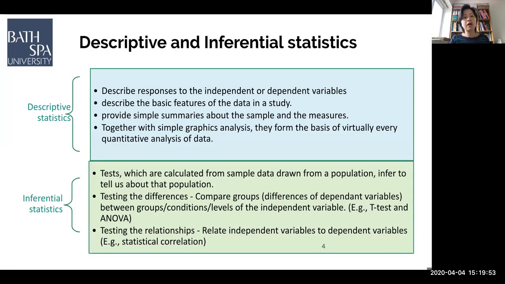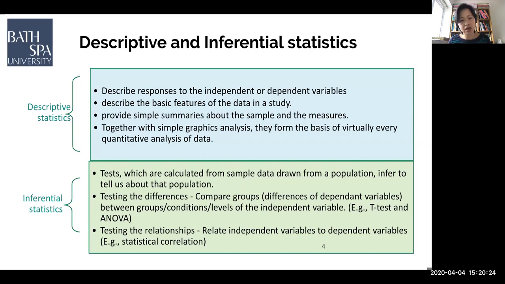First of all, it's important to know that there are two major different types of statistics. One is descriptive statistics, and the other one is inferential statistics. At undergraduate level, if you have collected some quantitative data, you'll be required to do descriptive statistics.